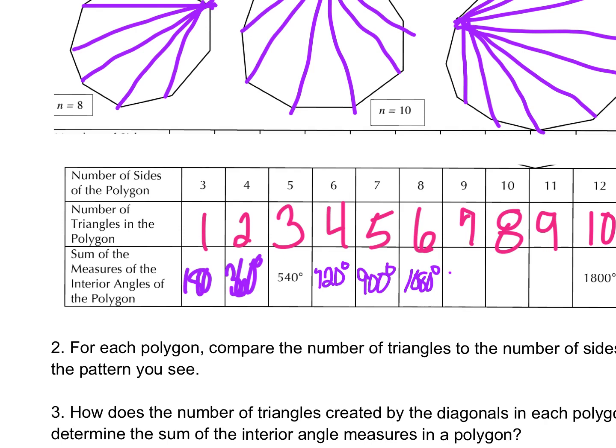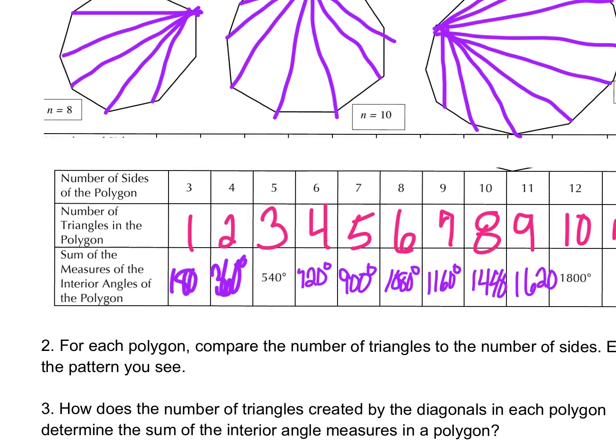And 8 triangles would be 1440. And then 9 triangles would be 1620.